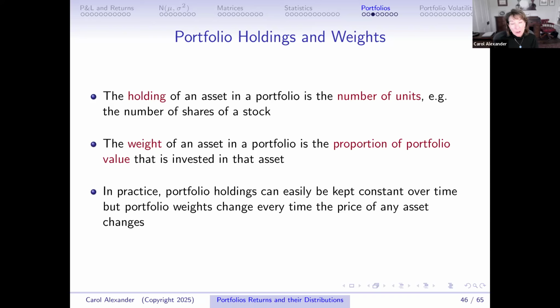But that means that the portfolio weights change every time the price of any asset changes because of the definition of the weight. The weight is the proportion of the whole portfolio value invested in that asset. So if the price of one asset changes, then the whole portfolio value changes, and that means the weight of every asset changes.